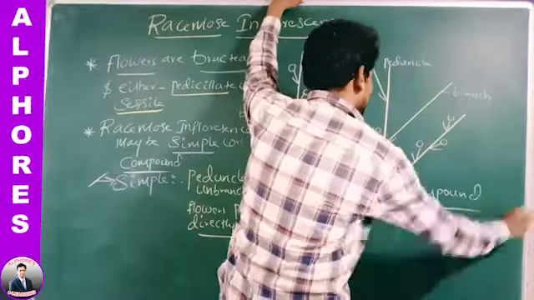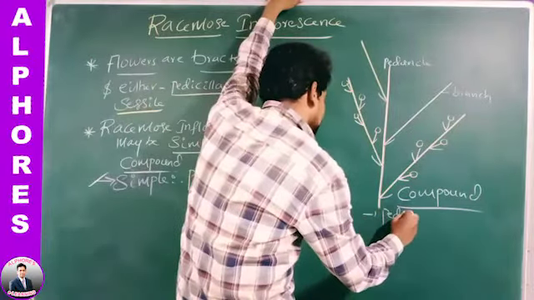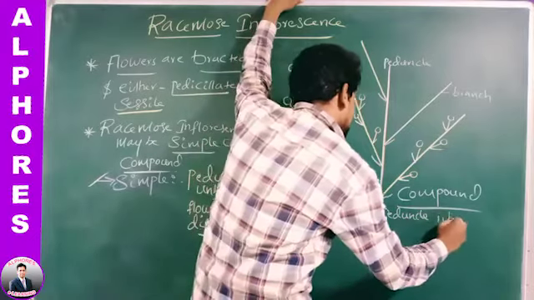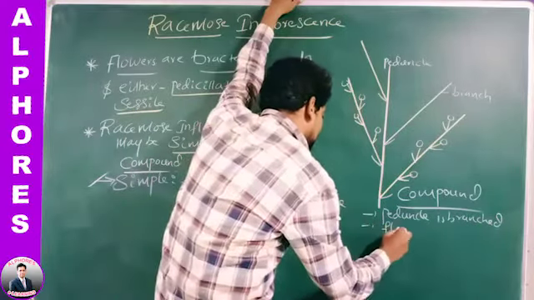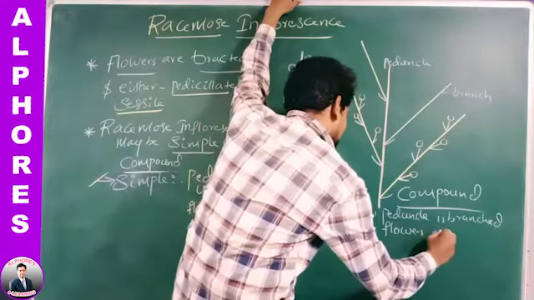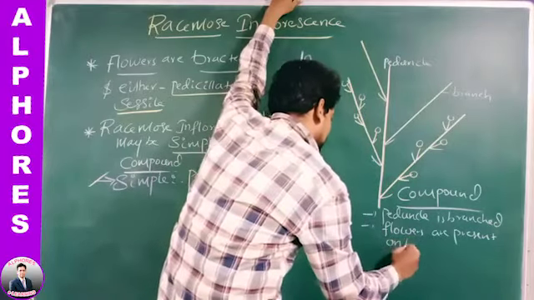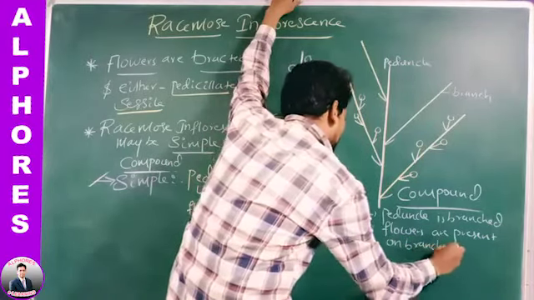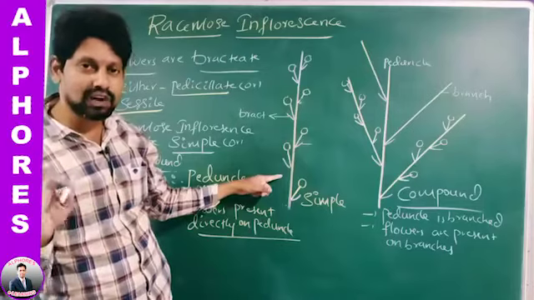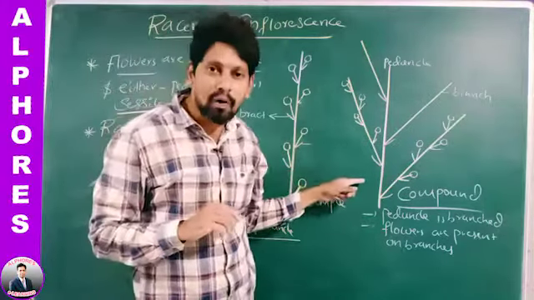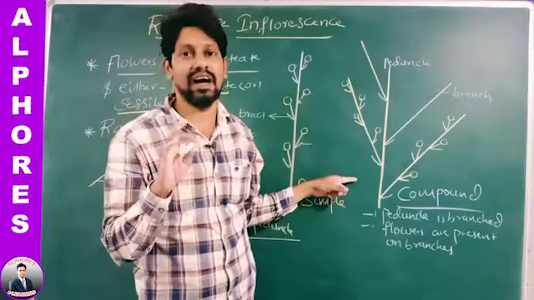Therefore, in compound, the peduncle is branched, so flowers are present on the branches. In simple, the peduncle is unbranched, so flowers are present directly on the peduncle.